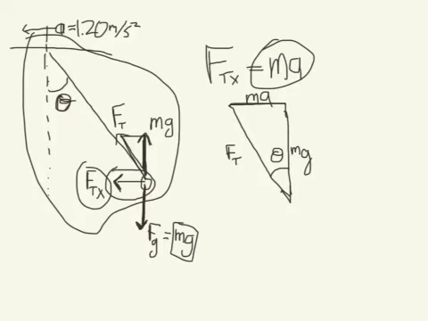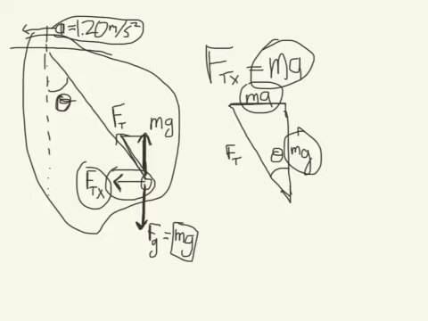So now that we've figured out all this stuff, we've found our triangle, there must be something we can do to figure out what theta is. And when I look at this triangle, I see that we know the ratio of this side length to this side length, because m is constant, and we know that a is 1.2, and we know that g is 9.8, the acceleration of gravity.